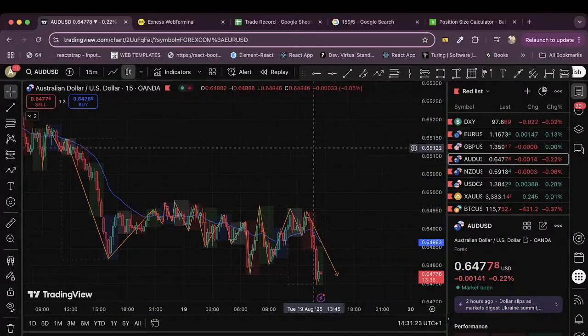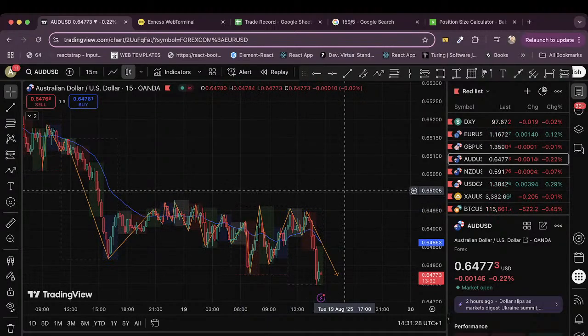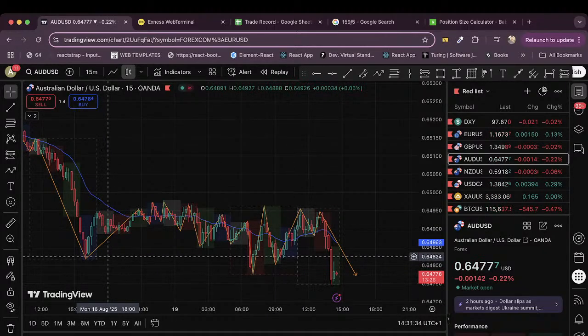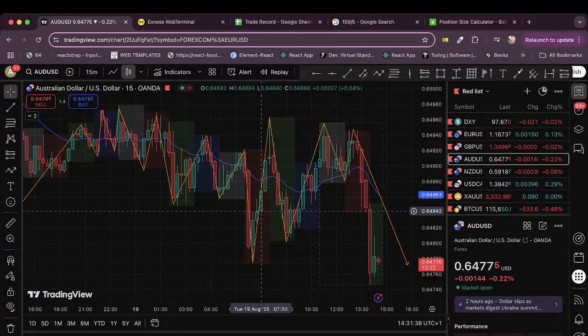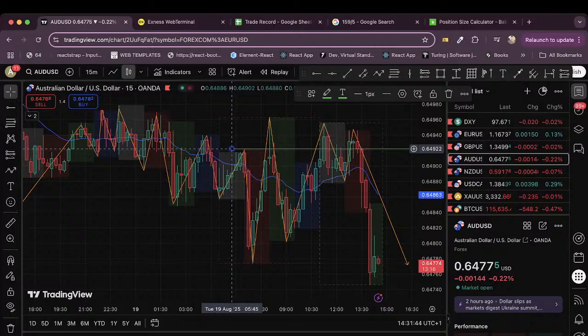If you look at Aussie dollar, you can see the high is here. Or wait, let's look at it properly. Don't make a mistake. So this was it here. This was the main high.